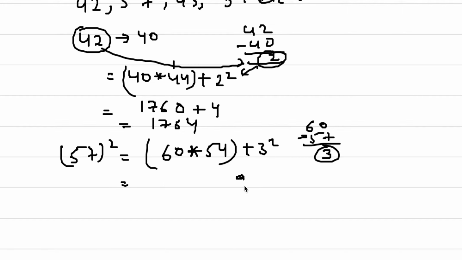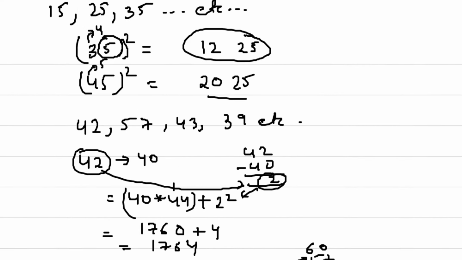So it will be 9 here, plus 0 as it is. 6 into 4 is 24, 6 into 5 is 30, plus 2 carry is 32, and this is 3249. So the square of 57 is 3249.